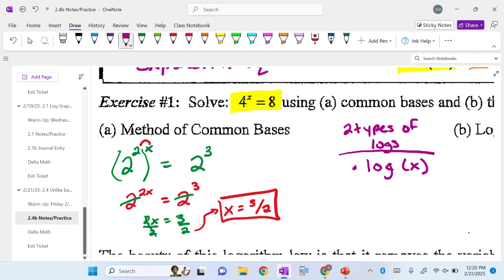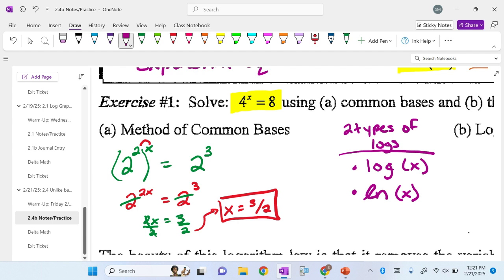So what's the base of the common log? Who remembers? 10. So remember, common log is log base 10. Or you can use the natural log. Who remembers what that base is? Not 10, that's common.